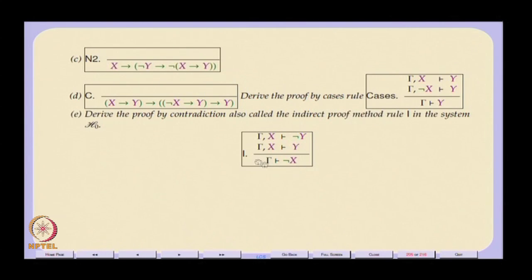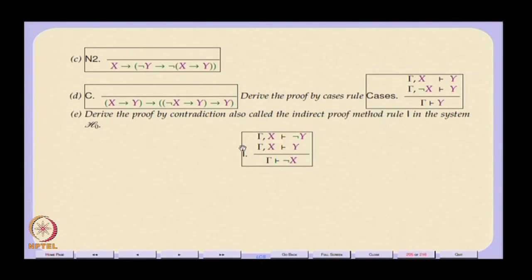And most importantly, among indirect proof methods, there is proof by contradiction. From the assumptions gamma, x, if you can prove both not y and y, then from gamma you can claim to have proved not x. This is our standard proof by contradiction, and this can also be proven as a rule.